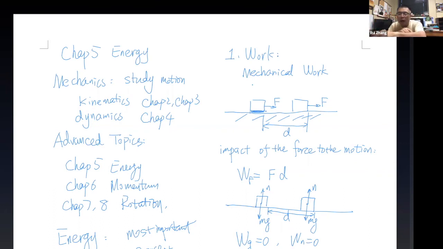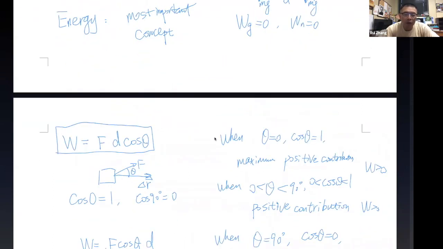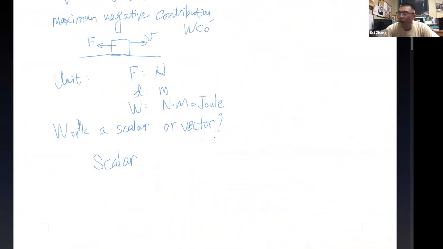This is more like chemical energy, related to chemical reactions. So it is not included in this discussion. We focus on mechanical work and mechanical energy, and remember, mechanical energy is mostly related to motion. So it does not count as mechanical work. Okay, I think this is it for today.